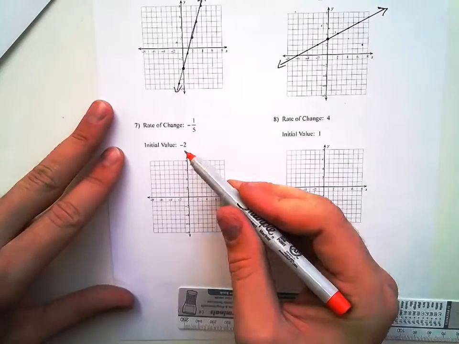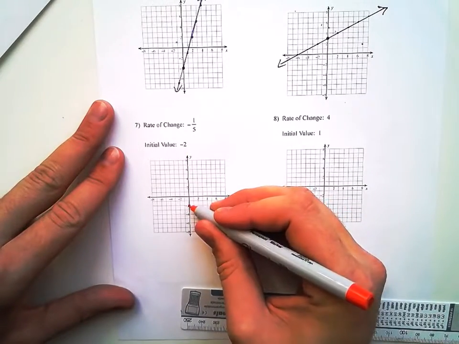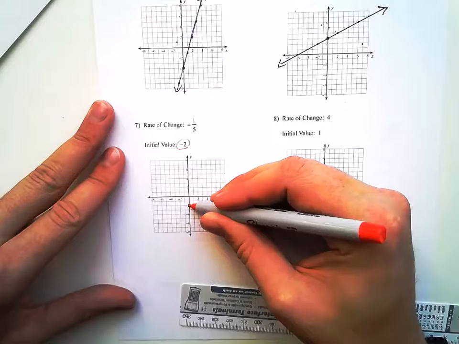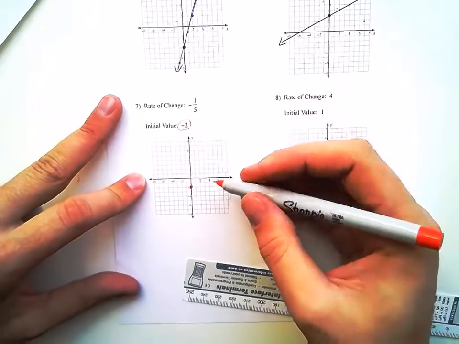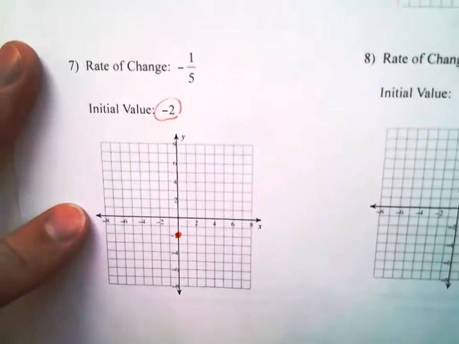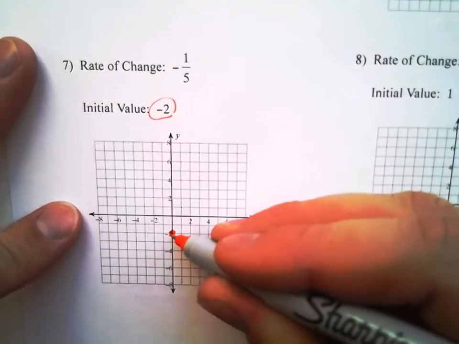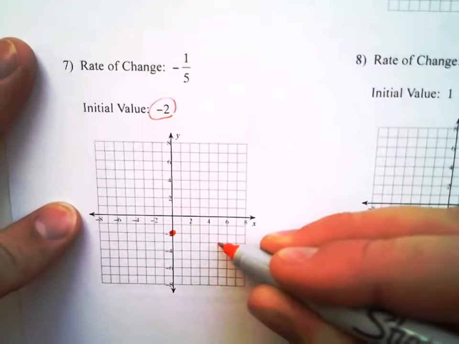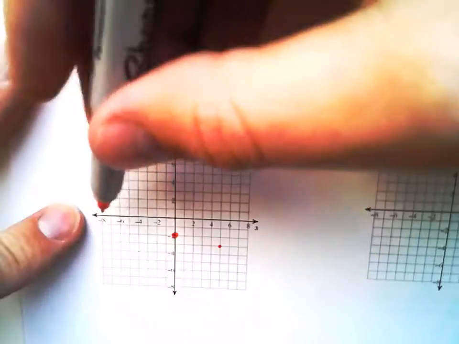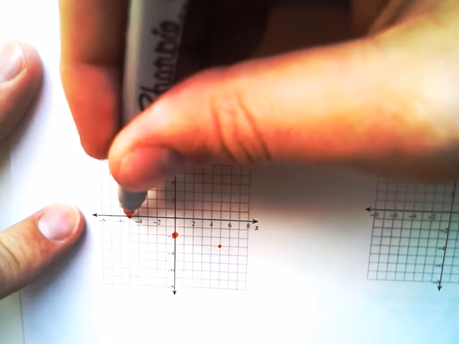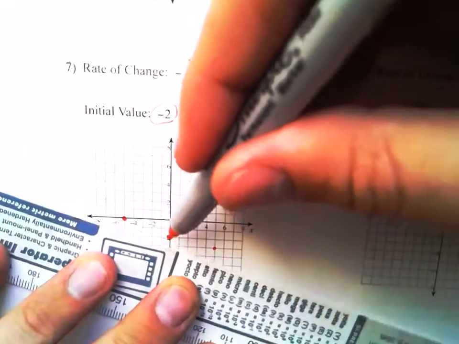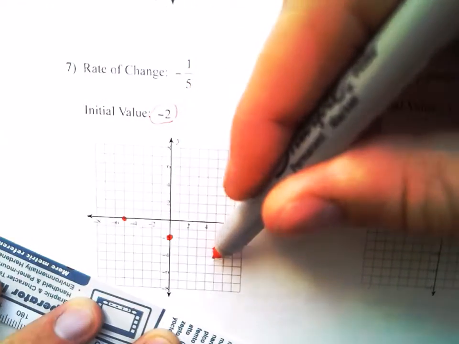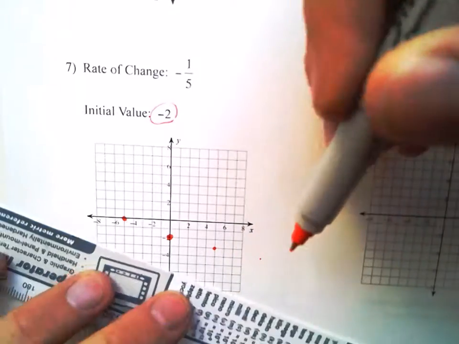So initial value negative 2. That's right there. Rate of change negative 1/5. So what I'm going to do is go down 1 over 5. So down 1 over 5, down 1 over 5.